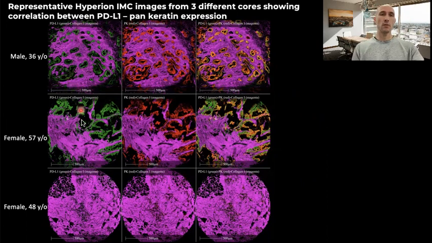So you have PDL1 here and you have PK here. The snapshot you are seeing is a merge of PK and PDL1. As you can see, these first two patients have a good amount of PDL1 and pankeratin, but in other patients you have little to, I would say, none PDL1 and pankeratin expression.